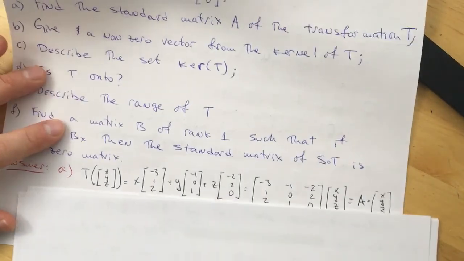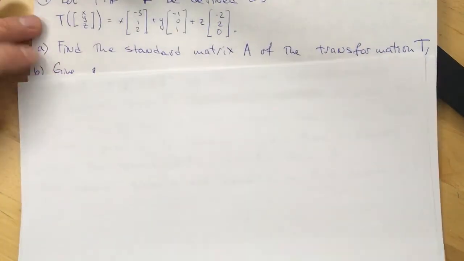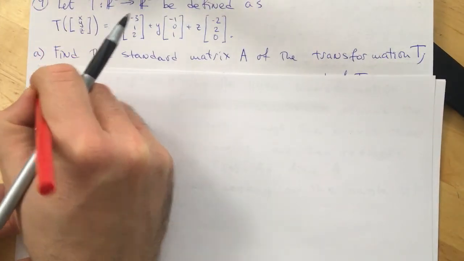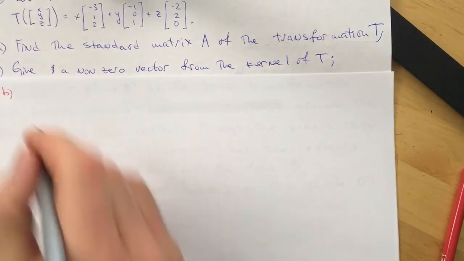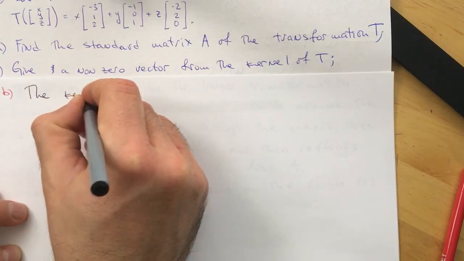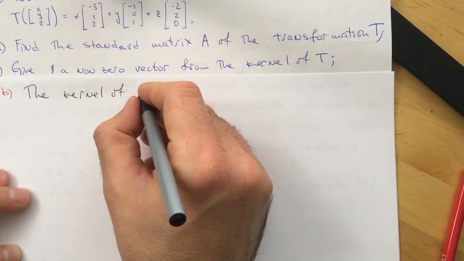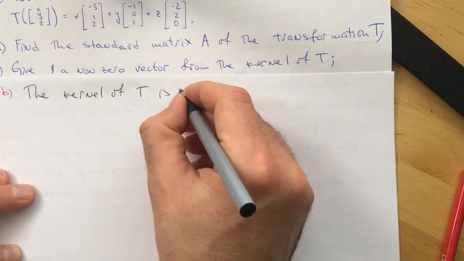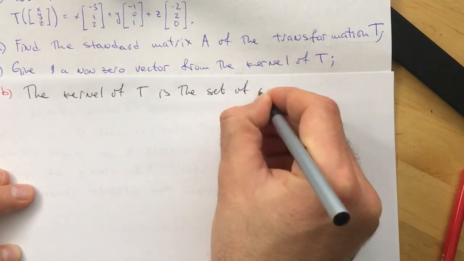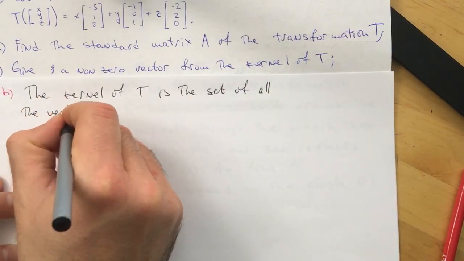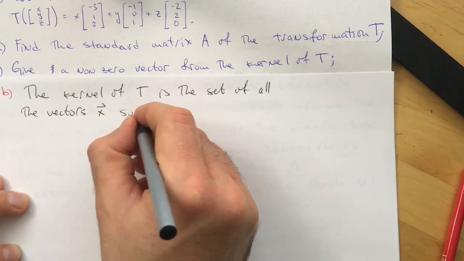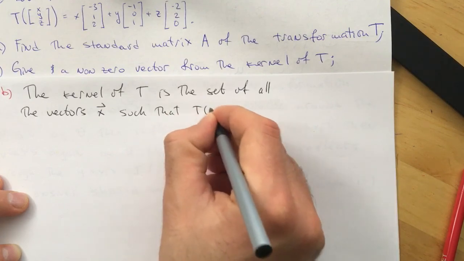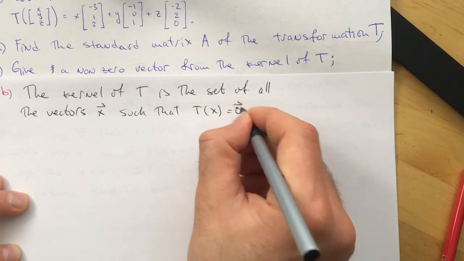Part B. The kernel of the transformation T is the set of all the vectors x such that T of x is equal to the zero vector.